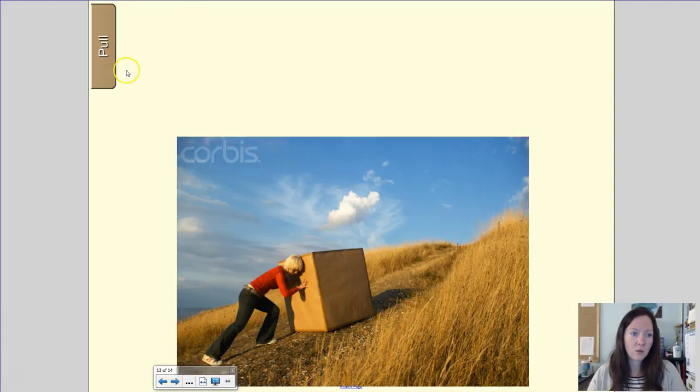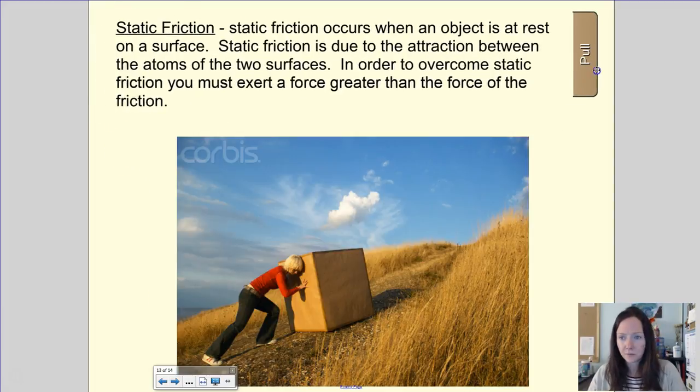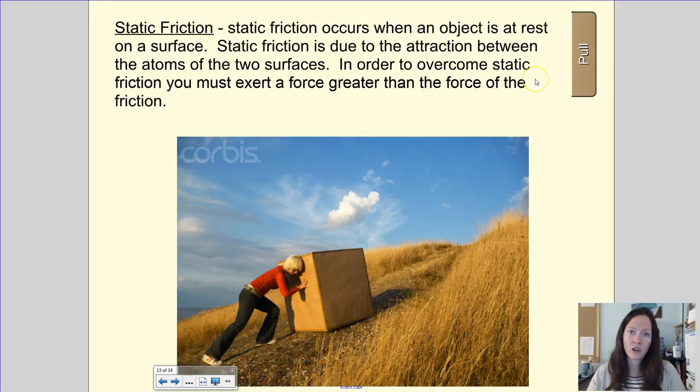And then finally, we have static friction. Static friction occurs when two objects are sitting still. So anything that is sitting still on another surface is experiencing static friction. The static friction is what is holding it in place. So when you push something out of place, you are overcoming static friction to make it slide.